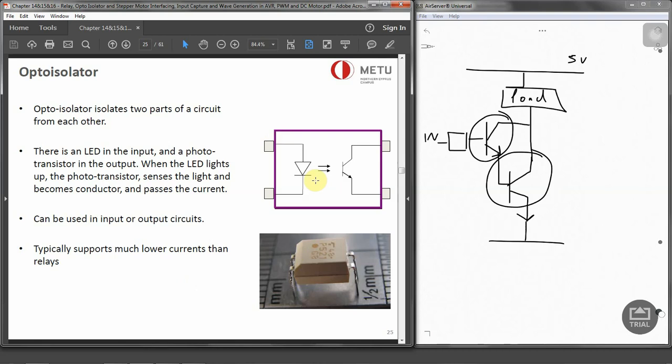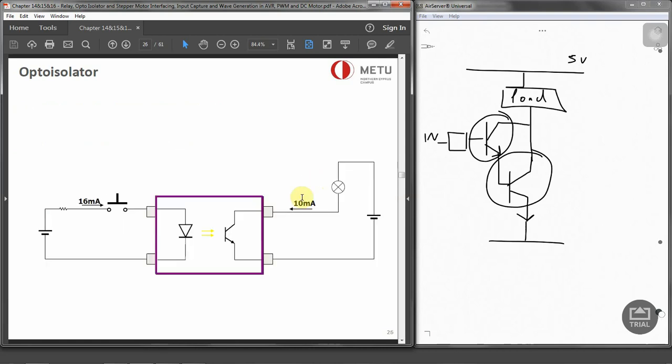They are widely used in modems, modulator demodulators. And this is a diagram of it. When you press the button over here, the current starts to flow and the LED will start to blink, and it will transmit the light across the gap, and the receiver produces the same signal with the same phase but a different current and amplitude. So that's what an opto isolator is.